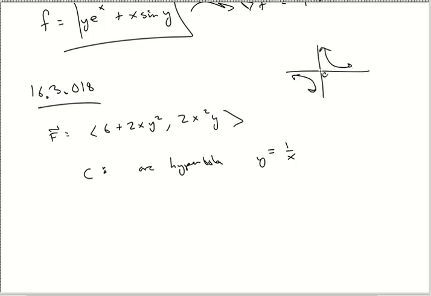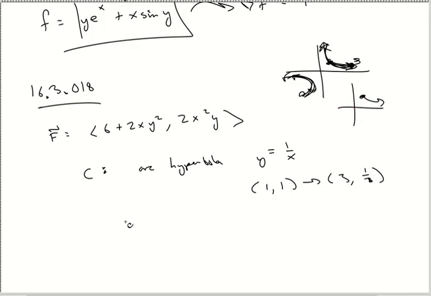Yeah, but turn your head to the side a little bit, and you can see you actually got a hyperbola right here. See that? It's kind of interesting. So we got a hyperbola essentially, and they're wanting to go from the point 1, 1 to 3, 1/3. So 1, 1 to 3, 1/3 is going to be down this way. This little arc right here on my hyperbola.